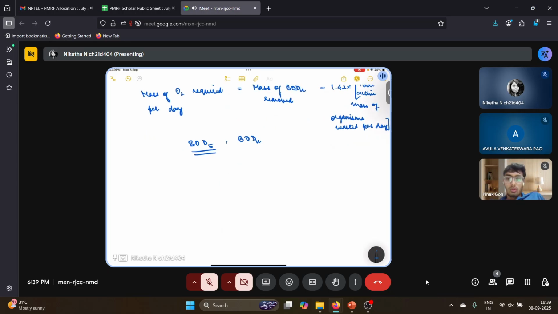Okay, BOD 5 is the amount of oxygen required to break down organics by the bacteria at 20 degrees Celsius for 5 days. The difference in the oxygen levels before and after the 5 days tells us how much oxygen has been consumed, that is, how much oxygen is required by the bacteria to consume that organic waste.